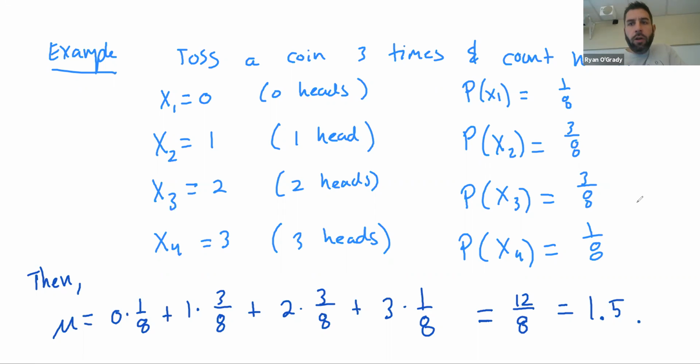Now, how do you interpret this? I mean, clearly you can't get 1.5 heads in an experiment. And that's why we say this is a theoretical value.